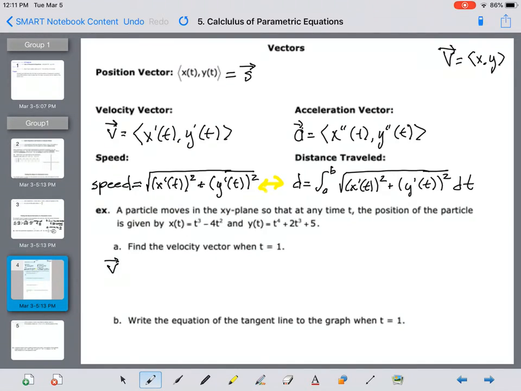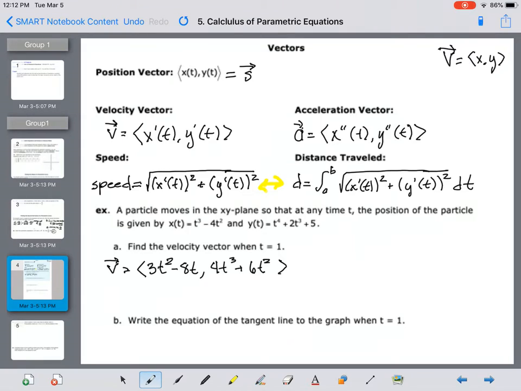So 3t squared minus 8t is our x component of the velocity vector, and our y component would be 4t cubed plus 6t squared, just the derivative. That gives us our velocity vector.